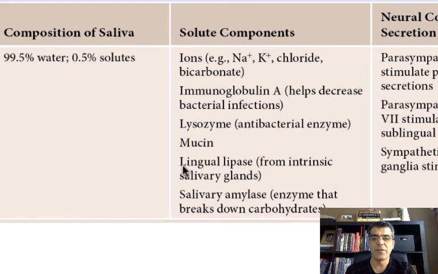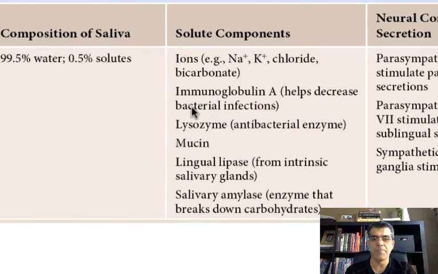For instance, we have lingual lipase. Lipase is an enzyme that breaks down lipid. We also have amylase. Amylase is an enzyme that breaks down carbohydrate. So your saliva can start breaking down lipid or carbohydrate, and also can protect you against possible bacterial growth in your oral cavity.